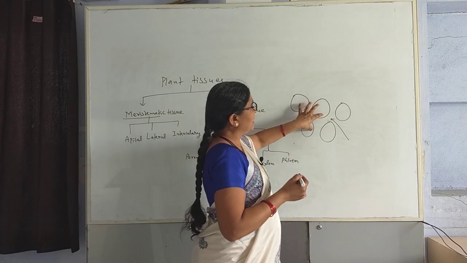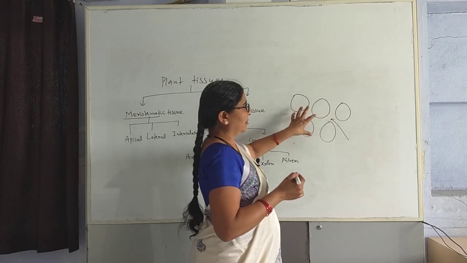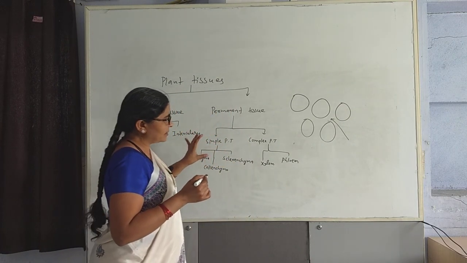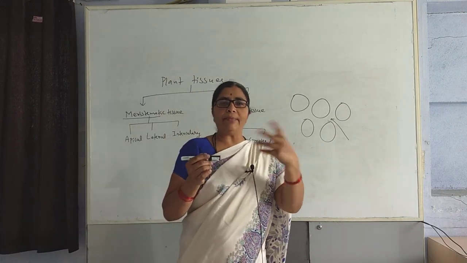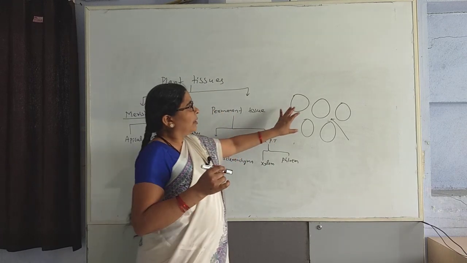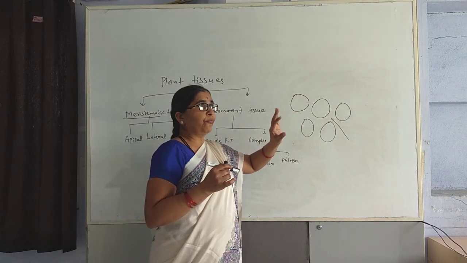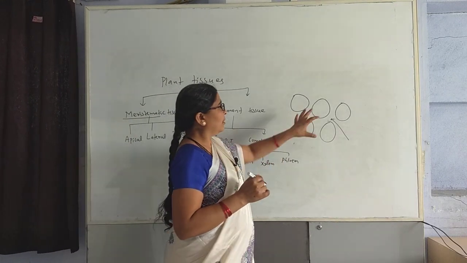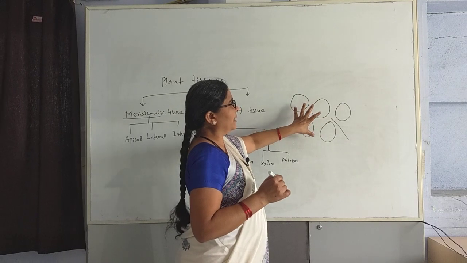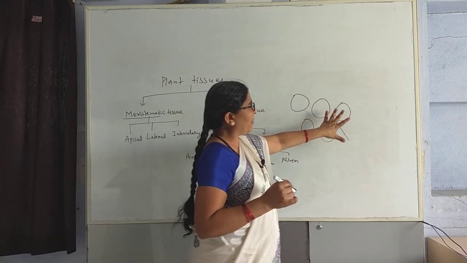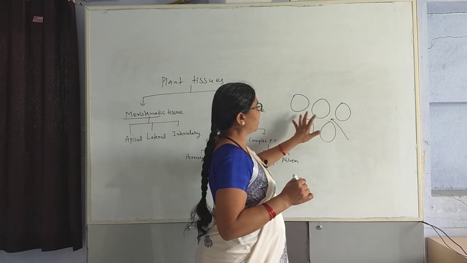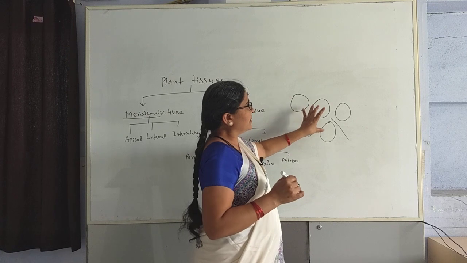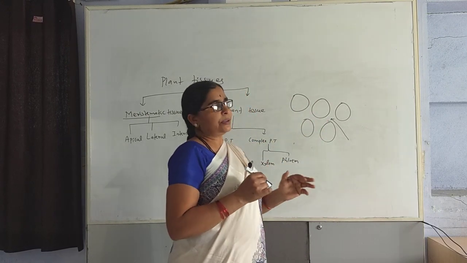These cells are basically living cells, but these parenchyma cells lost the ability to divide, and they store the food for the growing plant. I will repeat once again: parenchyma cells are living cells, loosely packed, with much intercellular space between them, and the cells lost the ability to divide.